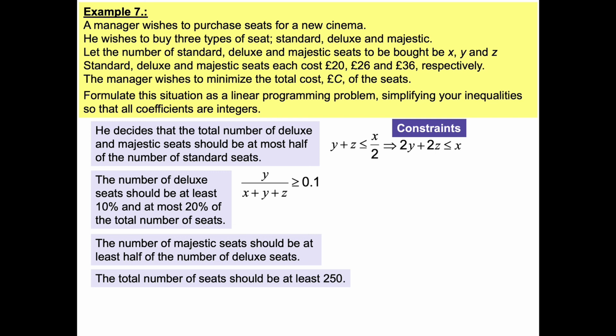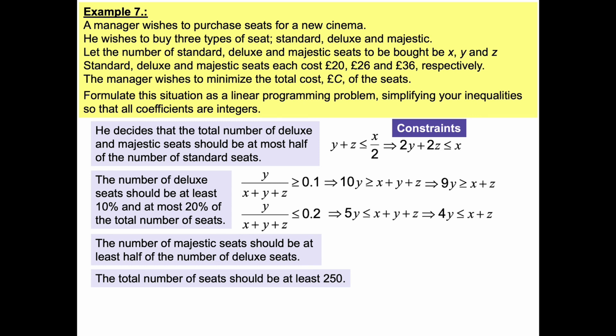If you have a total number of seats, it's x plus y plus z, and the part that the deluxe seats make out of the total is the fraction y over the total, and it must be at least 10% and at most 20%. So there will be the second one here. When you simplify this, you should get 9y is greater than or equal to x plus z, and 4y is less than or equal to x plus z.